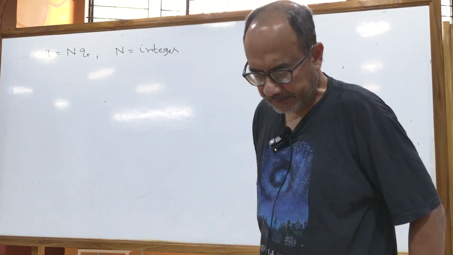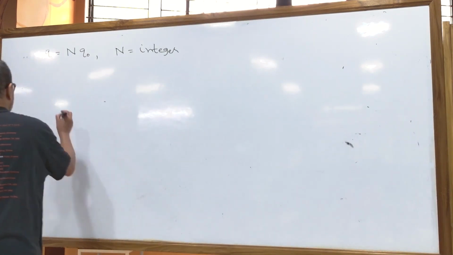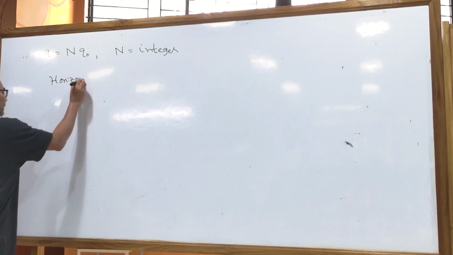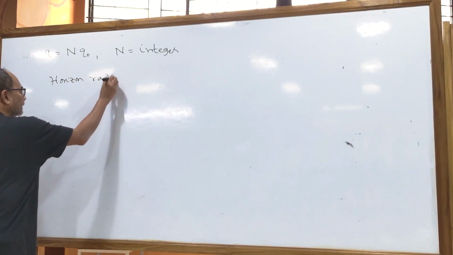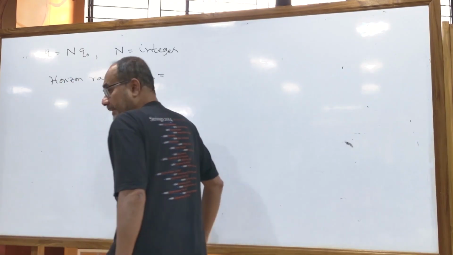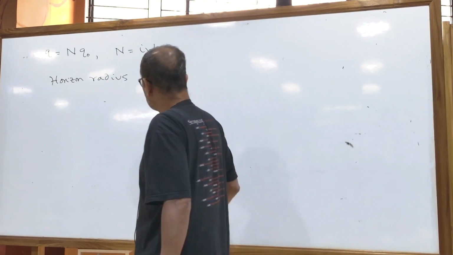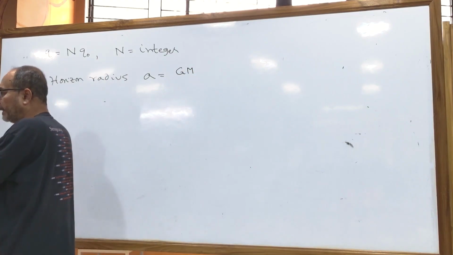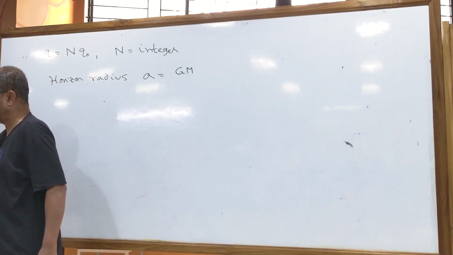Now, let us compare two things. One is the horizon radius, which you have calculated. Horizon radius A for the extremal black hole. This was GM, because if you remember, the expression for A had GM plus some square root. That square root vanishes for the extremal one, right?